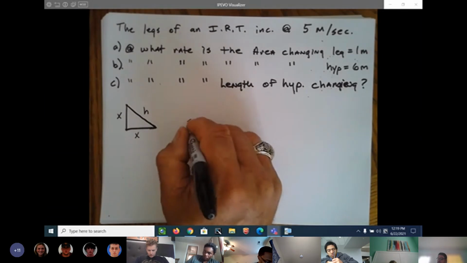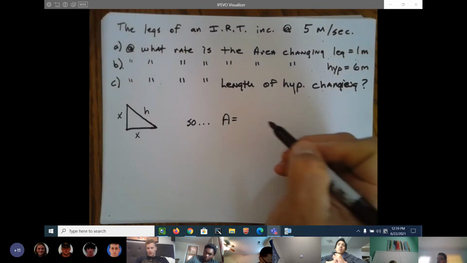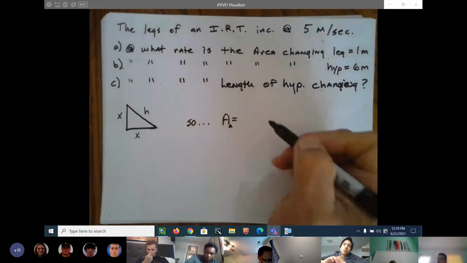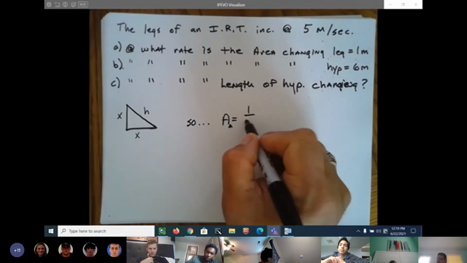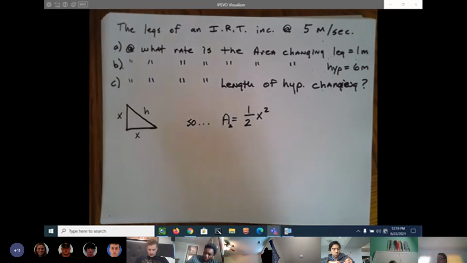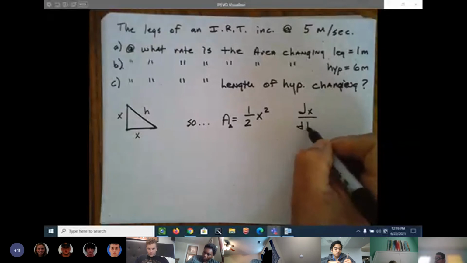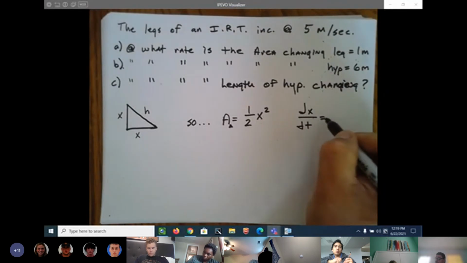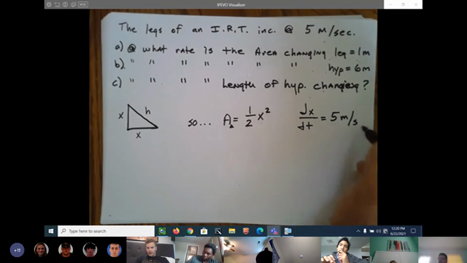So, what's the area of a triangle? Base times height divided by 2, so 1/2 base times the height. And we are given the rate of change of what? The legs.